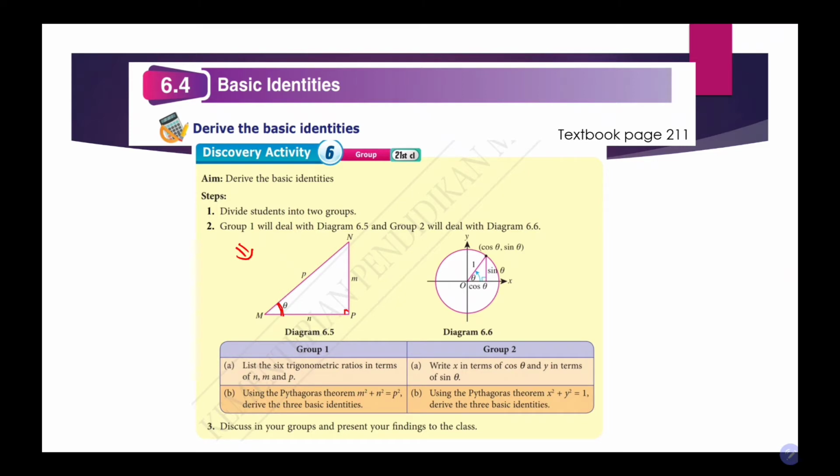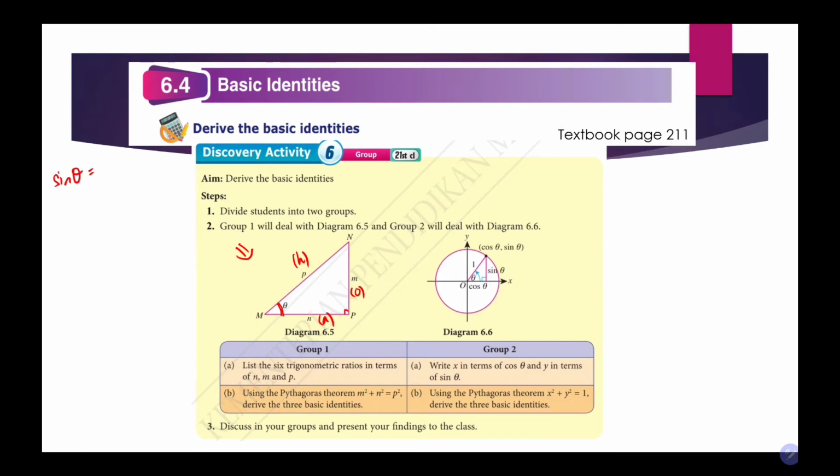So we have M as the opposite, and side P here will be the hypotenuse, and this is our adjacent, right?